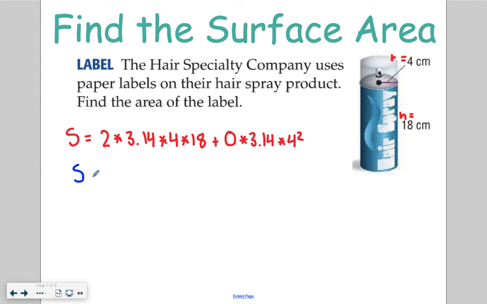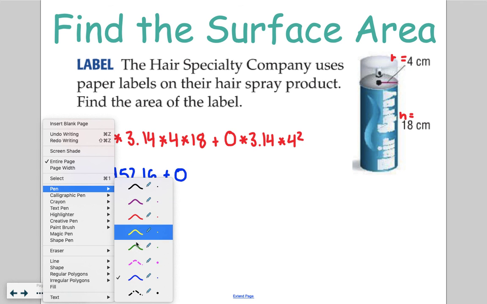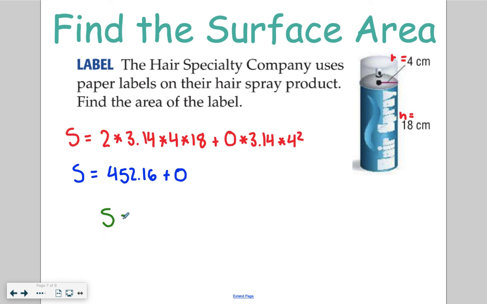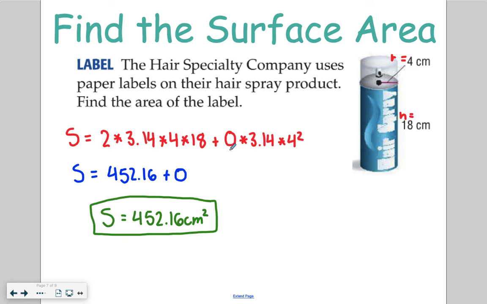So I've got 2 times 3.14 times 4 times 18, which is going to be 452.16. And then plus 0 times 3.14 times 4 squared is going to be 0. So I'm going to have my final surface area then of 452.16 centimeters squared. Because that label only wraps around the center part, it does not include the top or the bottom, which is where that 0 came from.